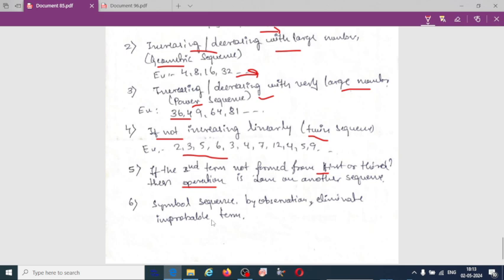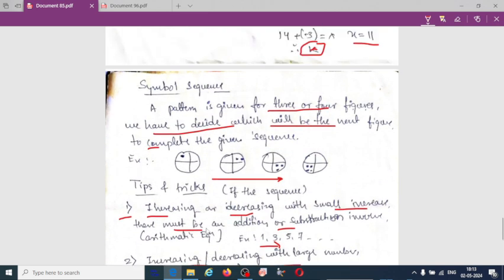The next tip: symbol sequences can be solved by observation or by eliminating an improbable term. You can easily guess a symbol sequence by observation or by eliminating improper terms, and then you can solve the given sequence.